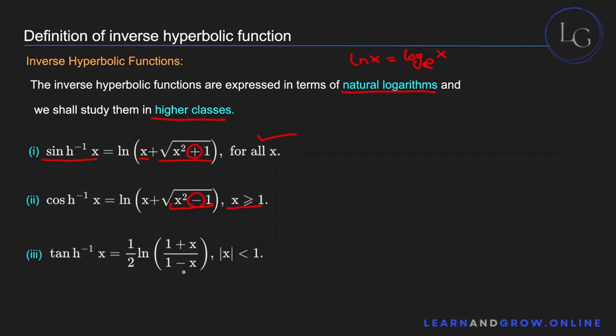Now, for a natural logarithm, you must have a certain value here, and that value must never be equal to 0. It must always be greater than 0, which is why you see this denominator here. The first thing is that the denominator must not be equal to 0, right? And that will be equal to 0 if this x is equal to 1. So we've got that cleared out.